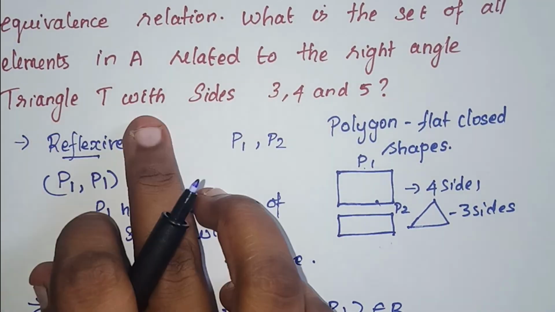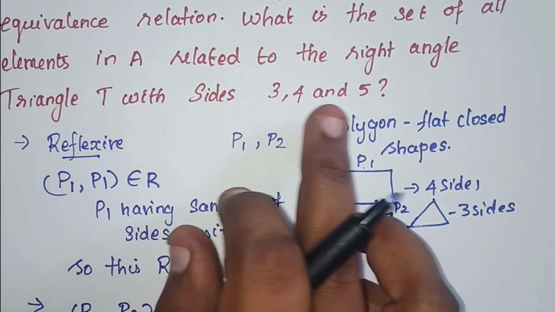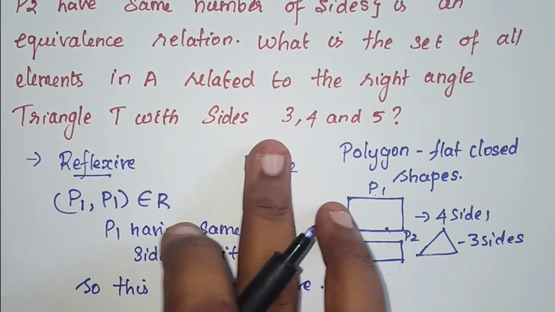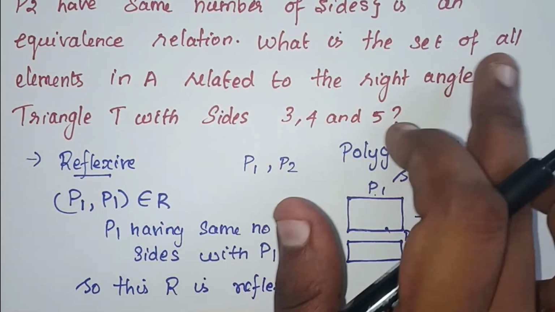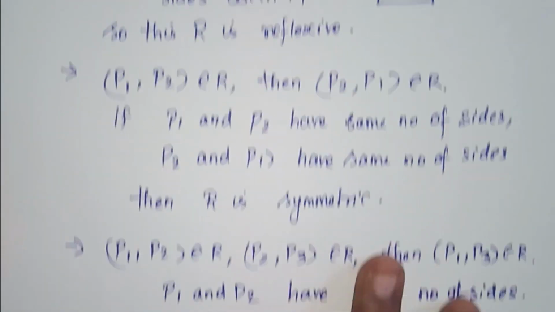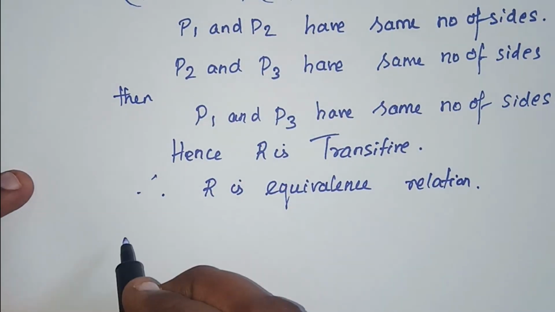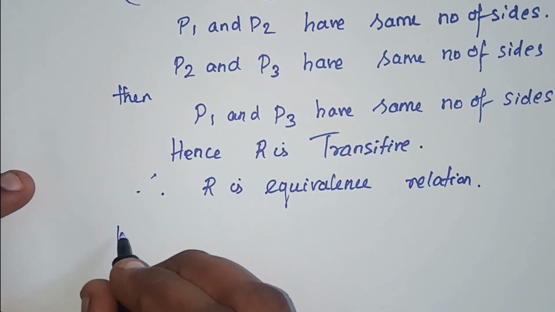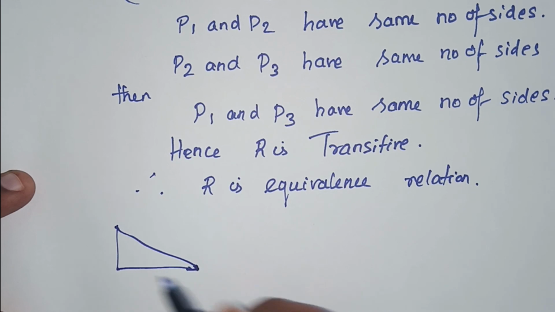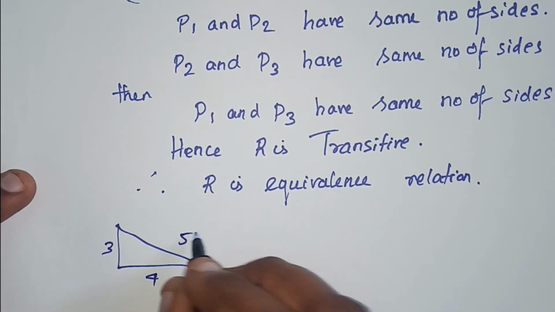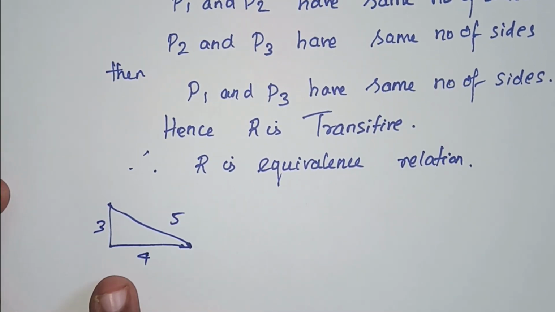Next, there is one triangle given with sides 3, 4 and 5. Related to this triangle, what is the set of elements? We need to calculate. The triangle given is 3, 4 and 5. So this is a triangle, right?